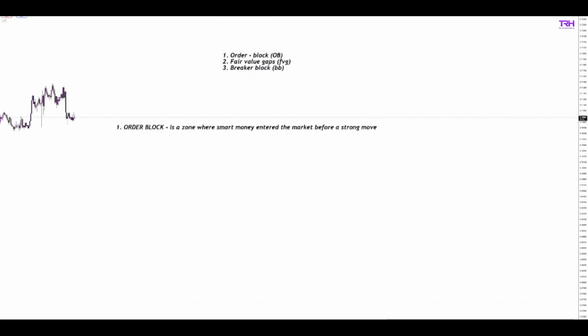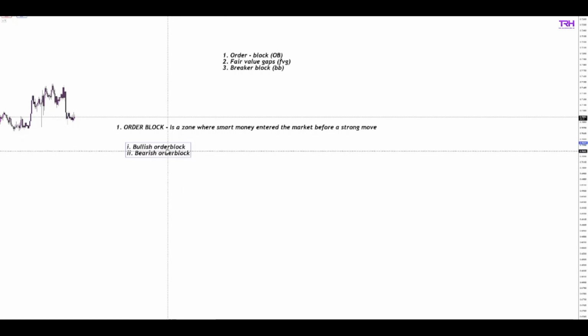So we have two types of order blocks. We have the bullish order block and the bearish order block.